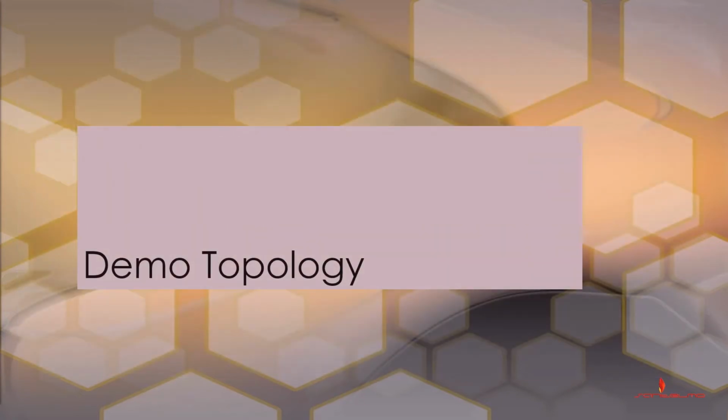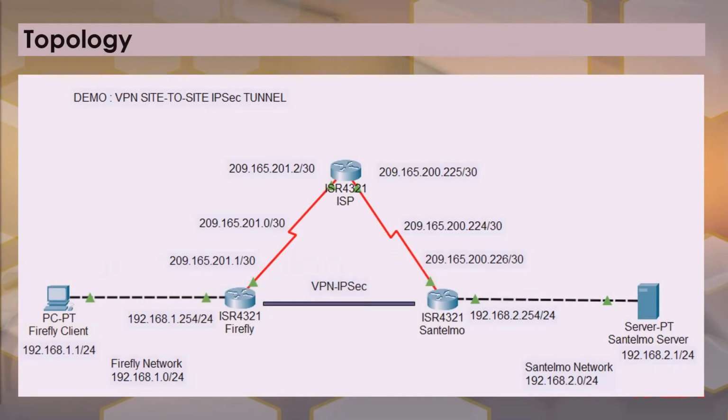Let's take a look at the topology that we're going to consider in this video. We will be using this 3-router setup, similar to that of the GRE demo that we did. We have two networks, namely the Firefly network at 192.168.1.0/24 and the Telma network at 192.168.2.0/24.